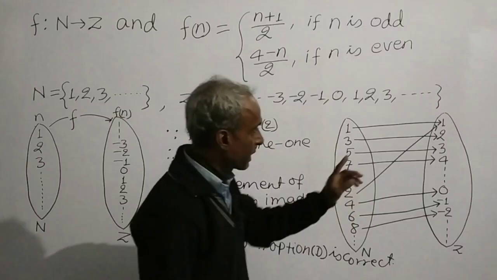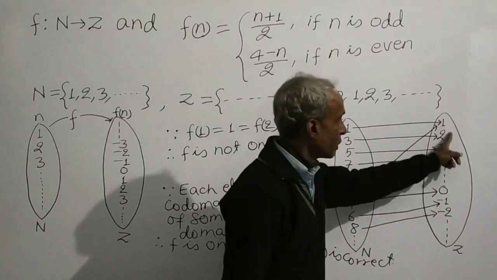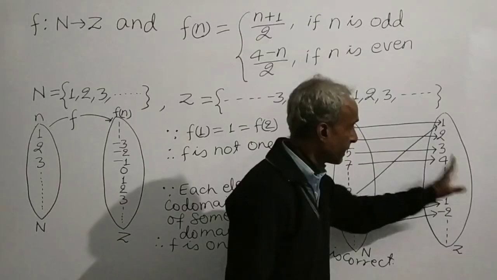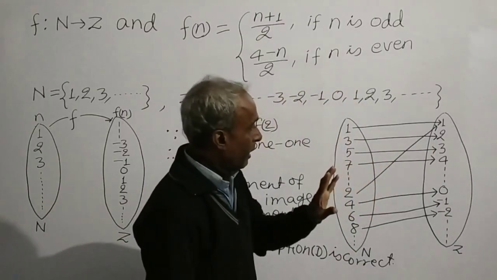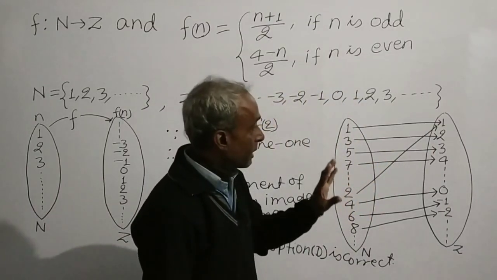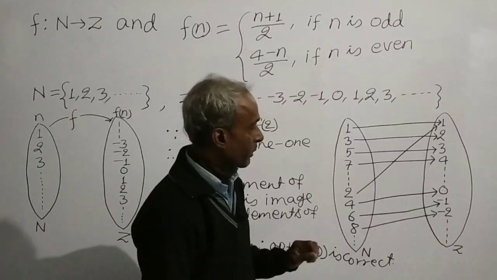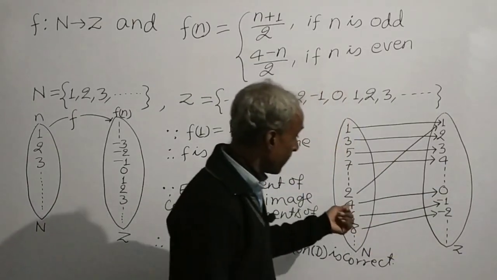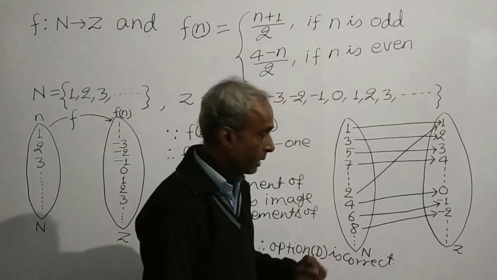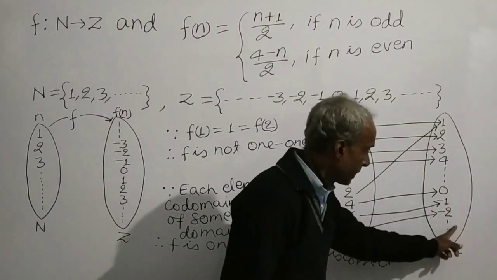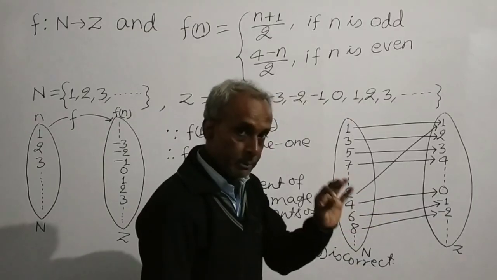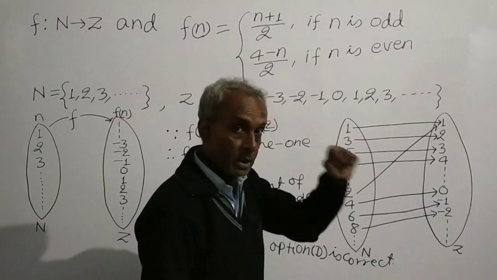We observe that all positive integers are images. 0 is also image of 4. All negative integers are also images of some number.